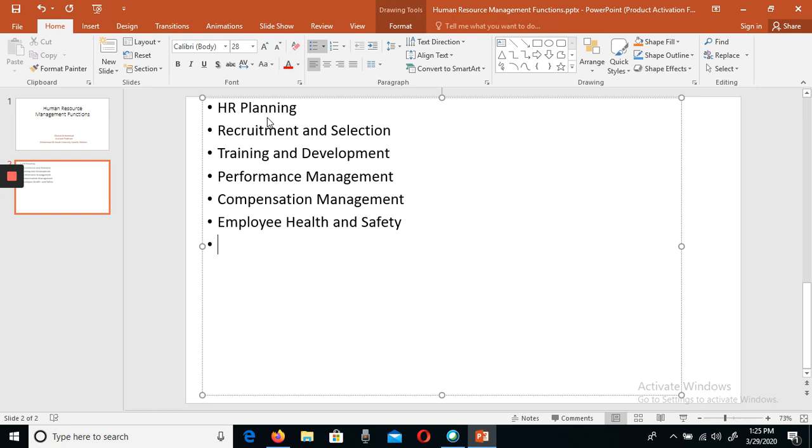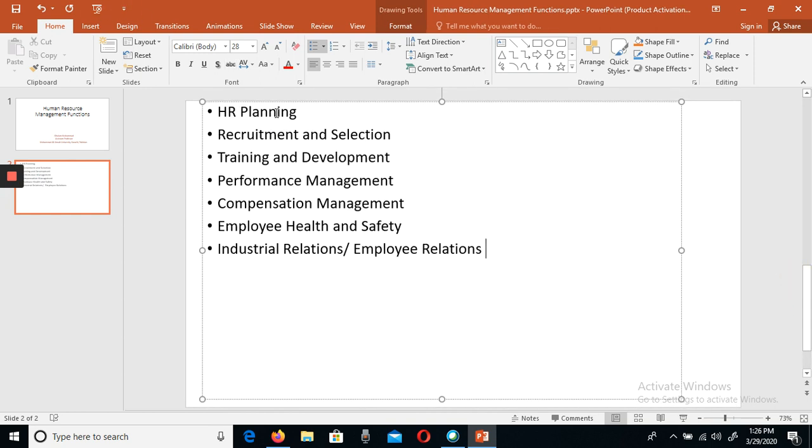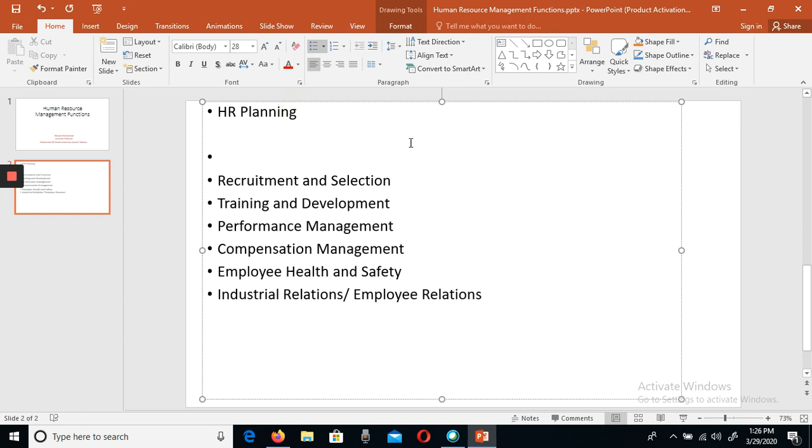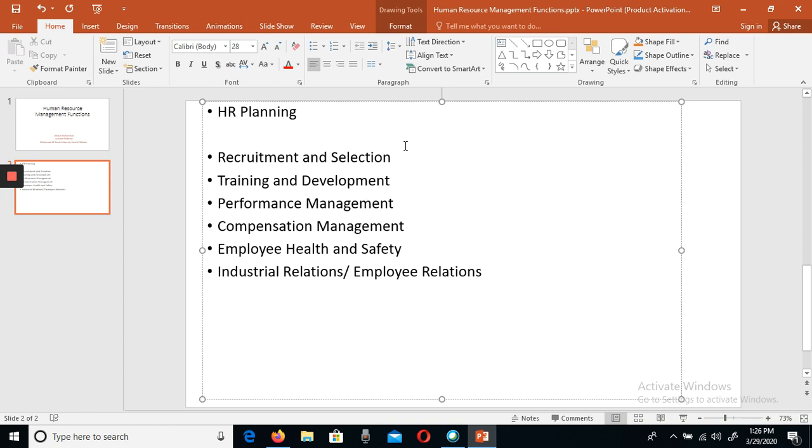And the last function of human resource management is industrial relations, and in the latest term we also call it employee relations. Okay, so these are the functions included in human resource management.